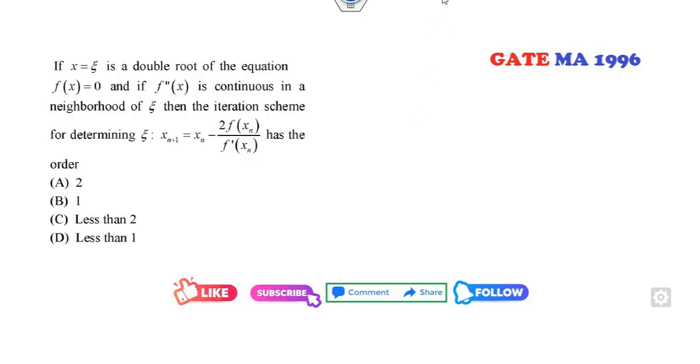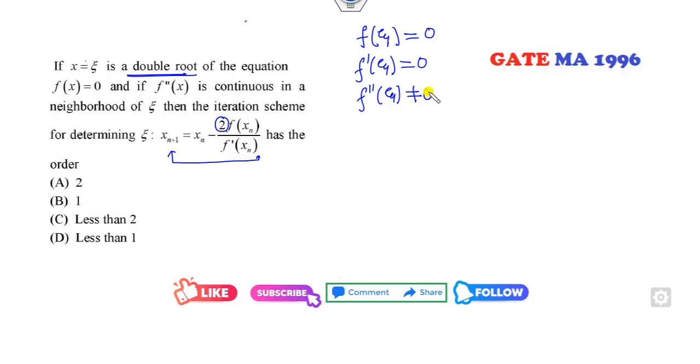So let's start with this question. You can see that this is Newton's method, and if you compare, this is the modified Newton's. So firstly, you can check whether the word modified is given to you. You can see it is not given. So it means this question is not from the modified method. Now read the statement. What is the meaning of the double root? x is equal to xi. It means this value is 0, f dash of xi is 0, and f double dash of xi is non-zero. And your target is to find the order.